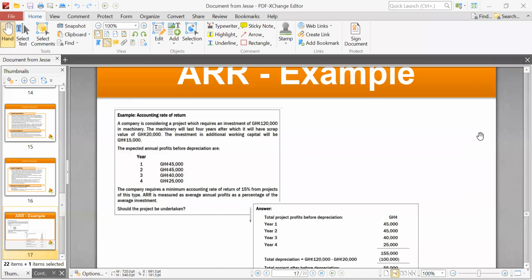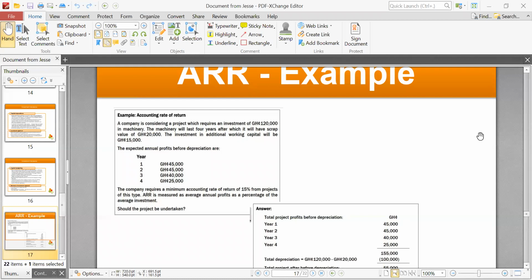The investment in additional working capital will be 15,000. The expected annual profits before depreciation are 45,000 in year 1, another 45,000 in year 2, 40,000 in year 3, and 25,000 in year 4. The company requires a minimum accounting rate of return of 15% from projects of this type.